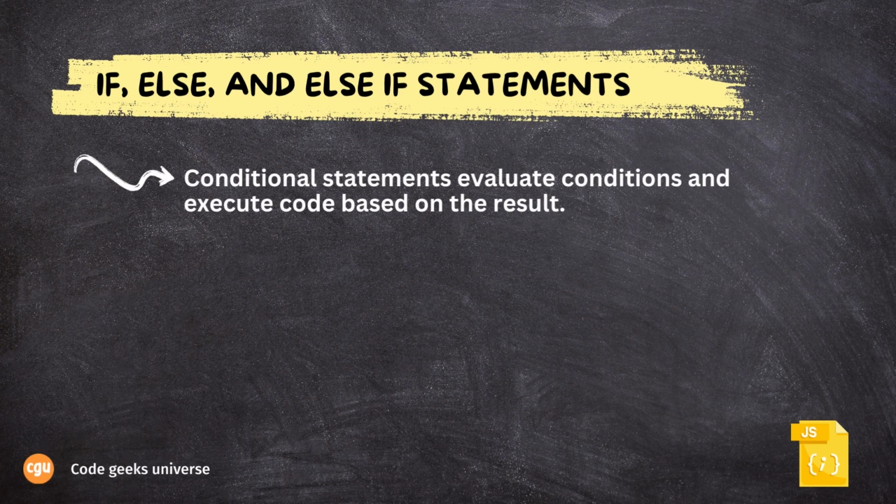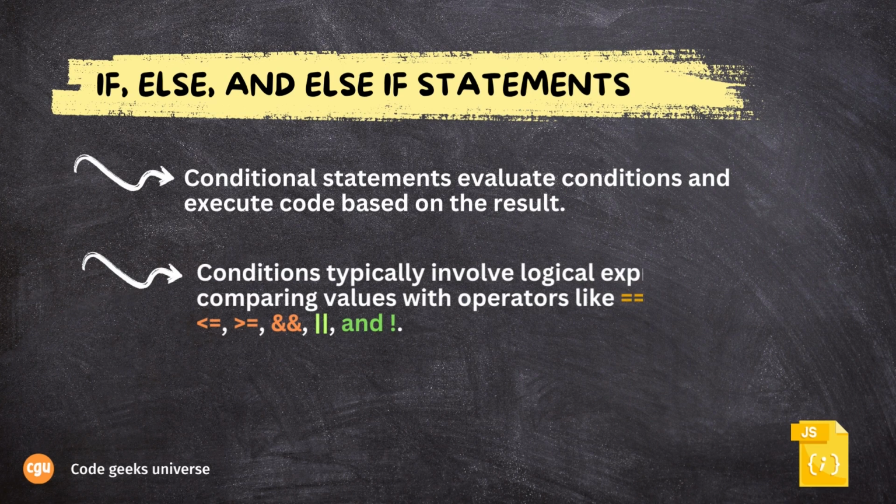So a conditional statement is a statement that evaluates a condition and executes a block of code if the condition is true, or another block of code if the condition is false. The condition is usually a logical expression that compares two or more values using operators such as equal to, not equal to, less than, greater than or equal to, less than or equal to, and, or, and not.